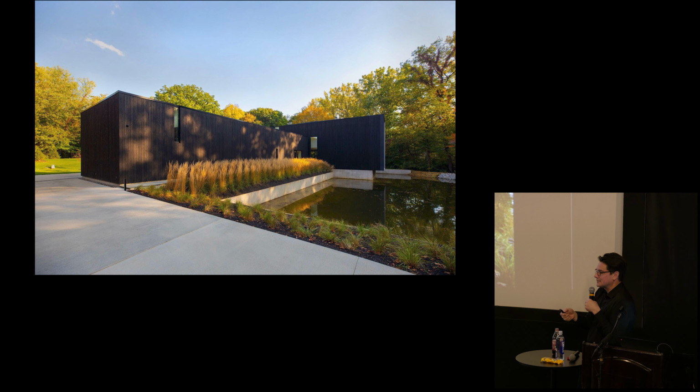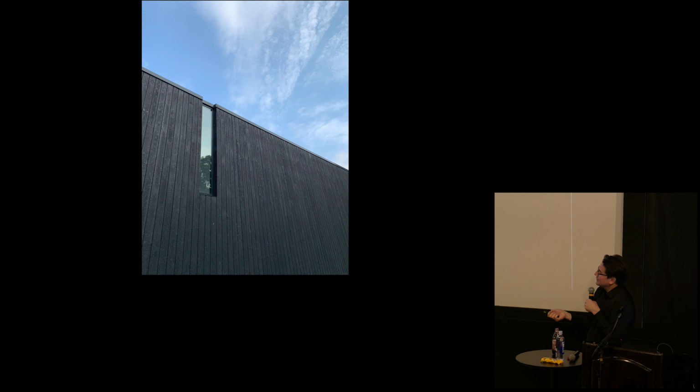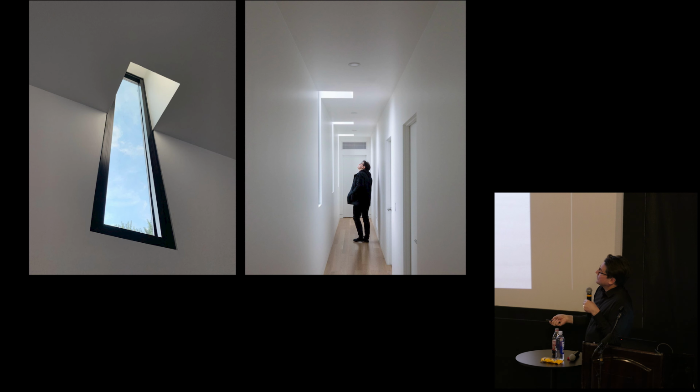A window is a product, and in a way, apertures do different things. So this aperture, it's a narrow proportion. We wanted it to wrap over, to sort of slip over the top. And how do you do that without a skylight? So it's actually just a normal window, but there's a gap. But look at what it does in the hallway.